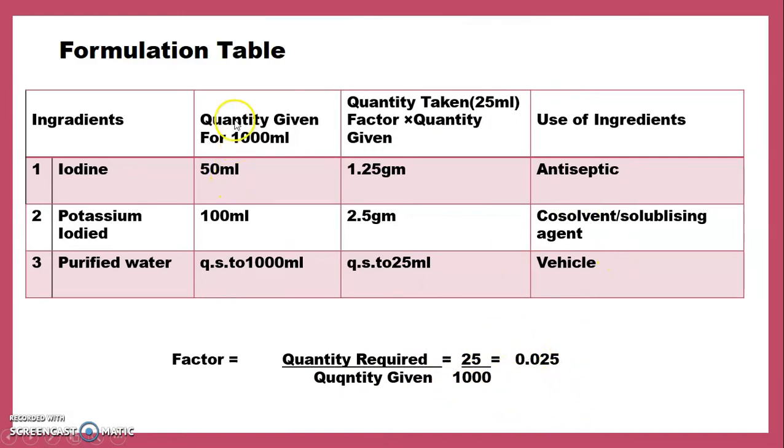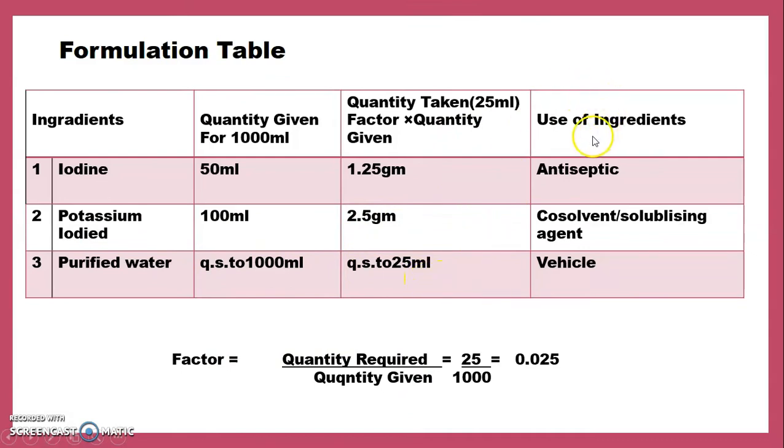By this factor, we multiply all quantities given and we get our quantity taken. 50 into 0.025, we get 1.25 gram of iodine. In this way, we get the quantities of other ingredients also. Potassium iodide 2.5 for 25 ml and purified water QS to 25 ml.